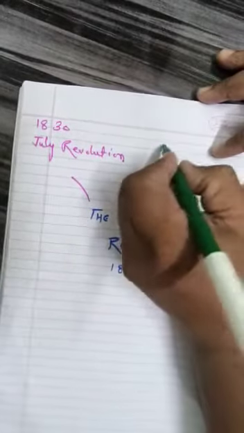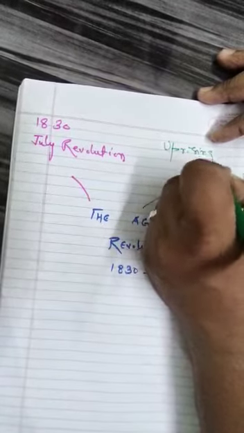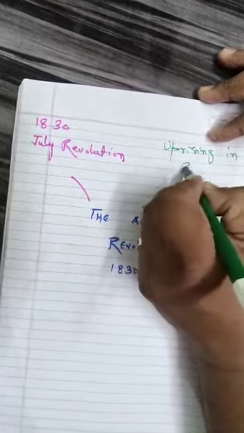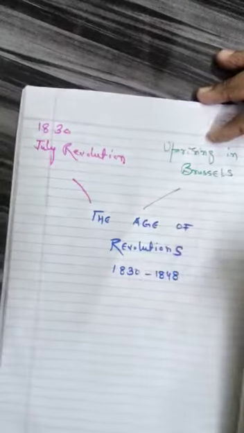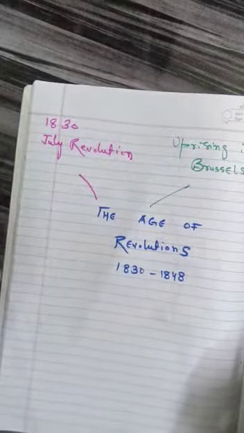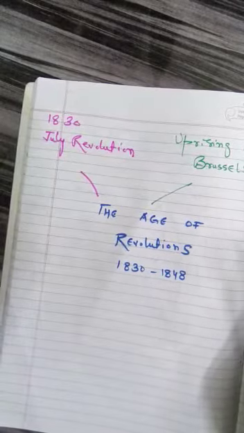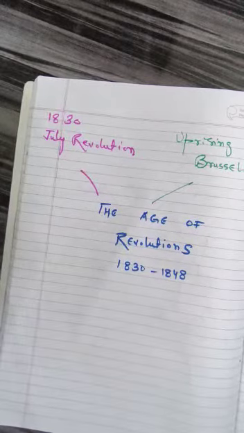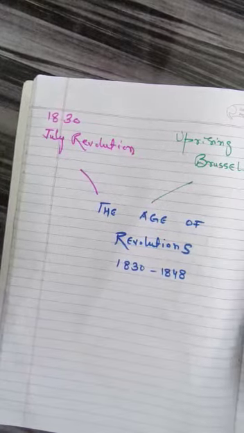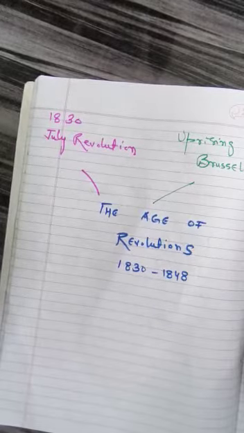Next is the uprising in Brussels. France has an important status in Europe. Duke Metternich once said that when France sneezes, Europe catches cold.